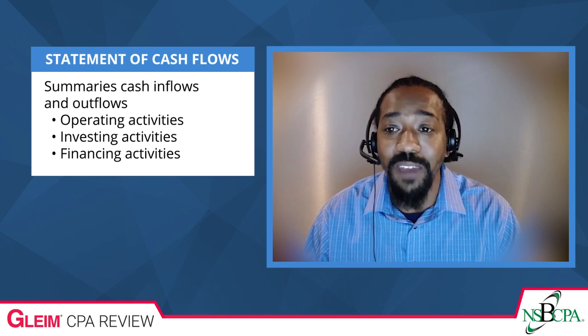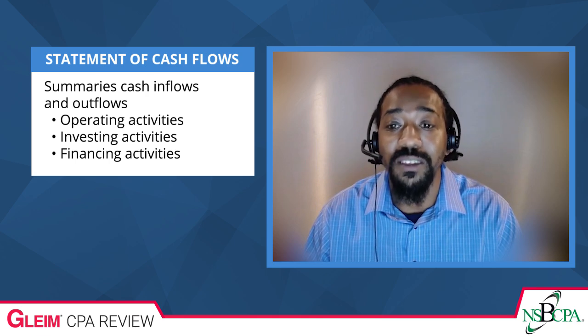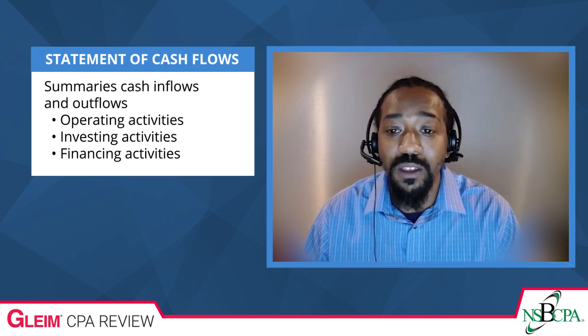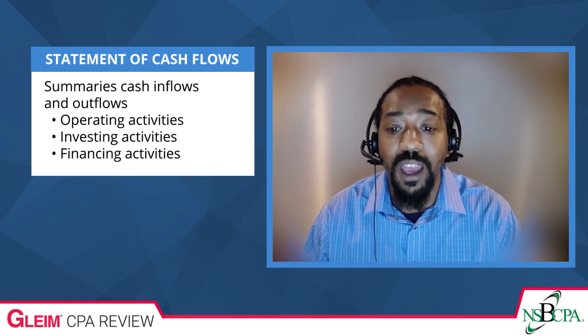This statement of cash flows is the most difficult statement to prepare. In fact, we have another video lecture where we walk you through the whole process of preparing this statement step by step. So if you need to review the details of this statement, check out our other Gleim video on the topic. The best way to prepare for the CPA exam is to do it.